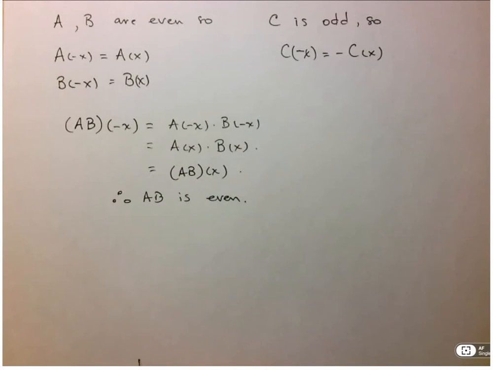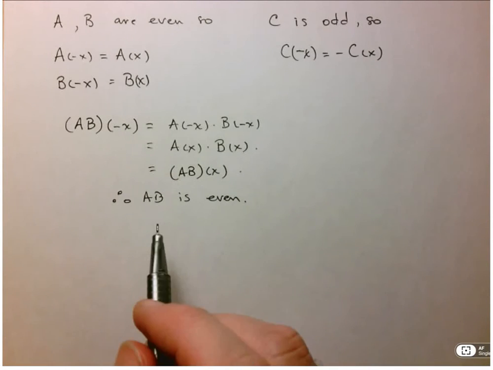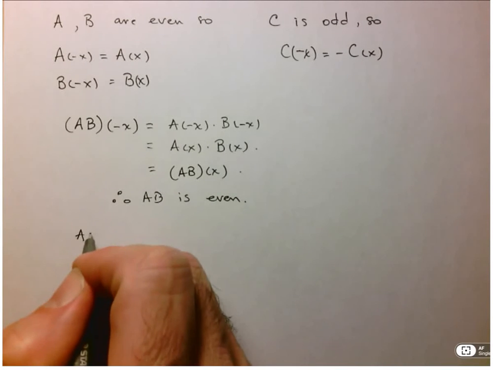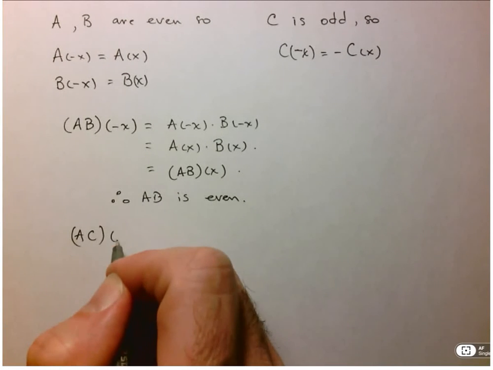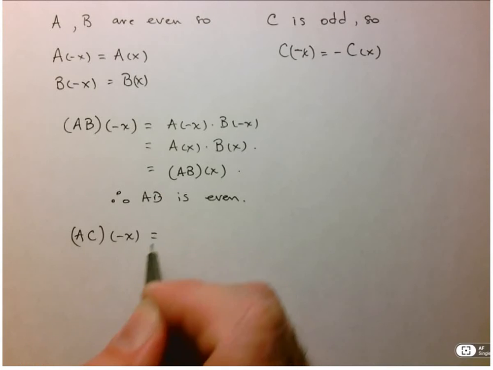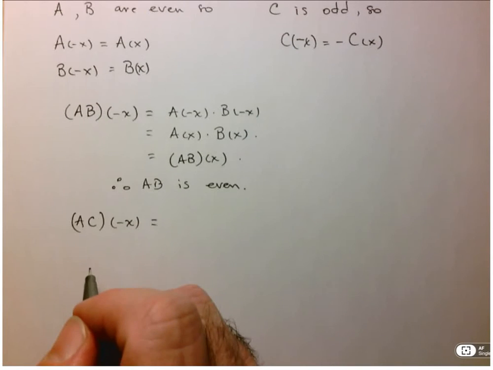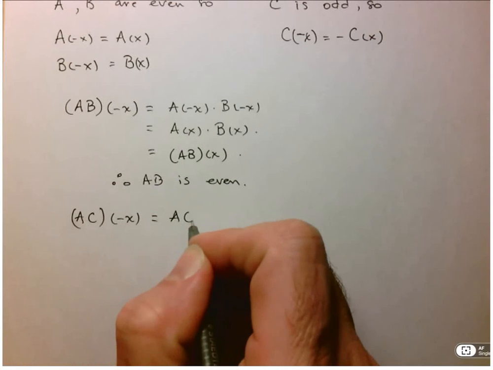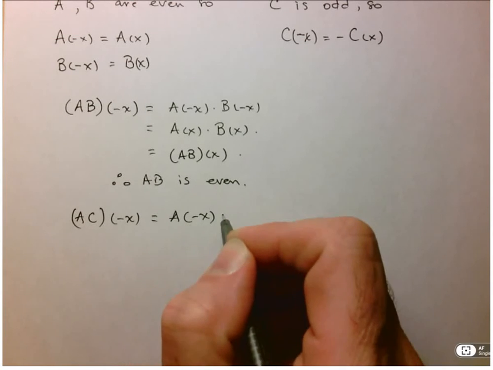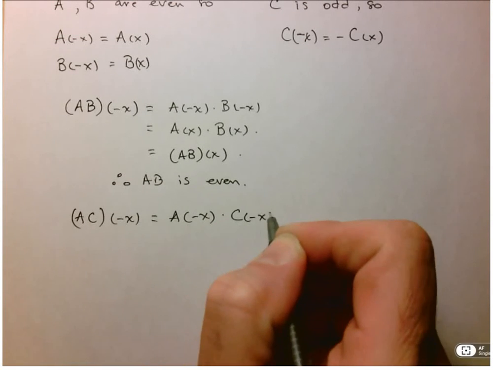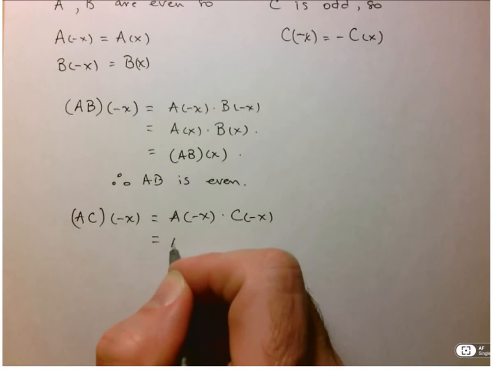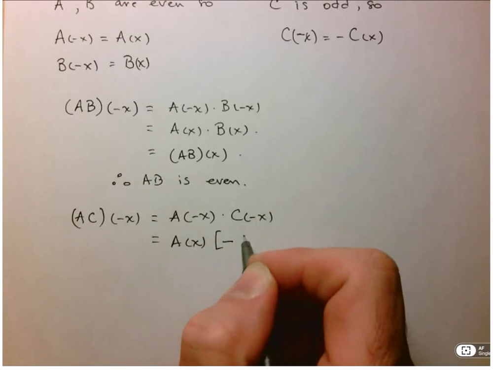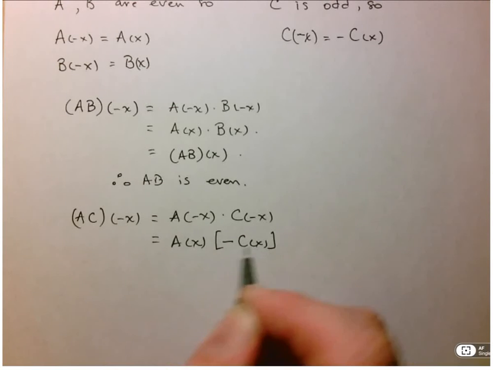Okay, now I can take any one of these. So let's say I take A and C. Again, I want to evaluate this at negative x and see how it compares to AC evaluated at positive x. So here again, I apply the definition of a product. So this becomes A at negative x times C at negative x. A is even, so this is equal to A at x. But C is odd, so this is negative C at x.